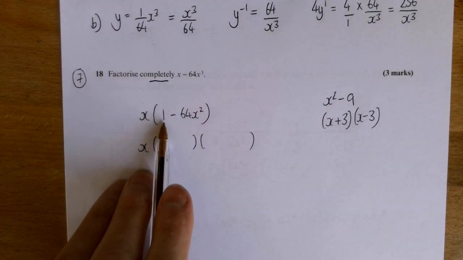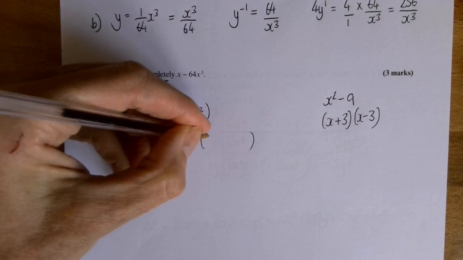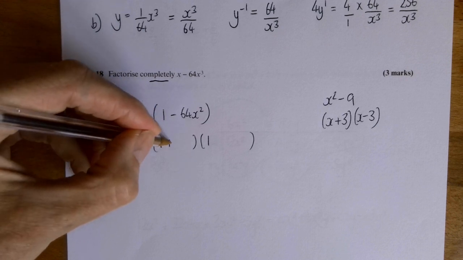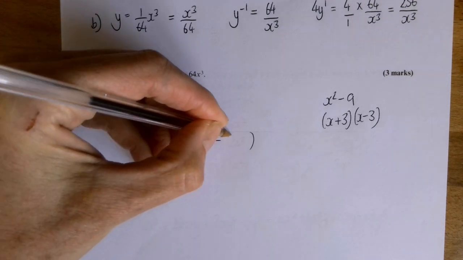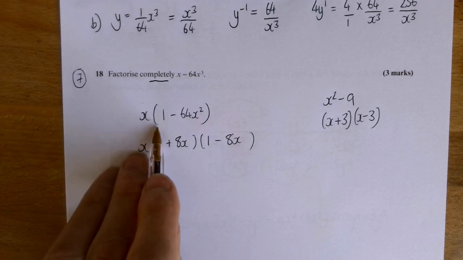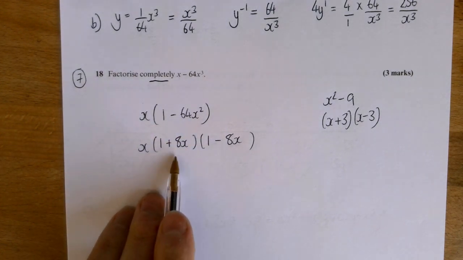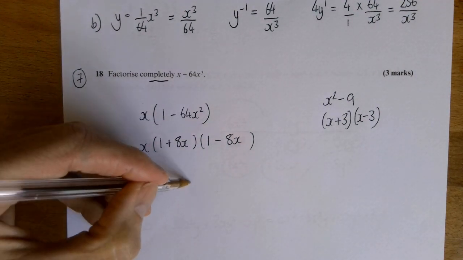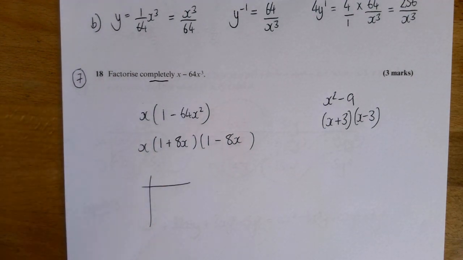This is 1 squared, isn't it? And this is 8x times 8x. So that goes to that. So this bracket here is a difference of two squares factorisation. Now if you don't believe me, multiply it out and try it. Do 1 plus 8x, 1 minus 8x, and you'll see that I am correct.